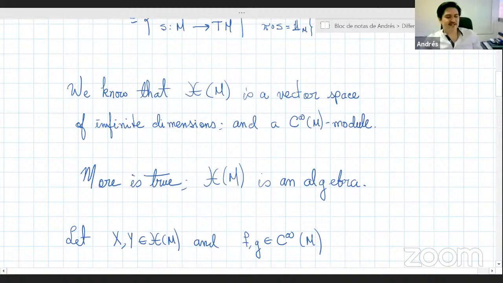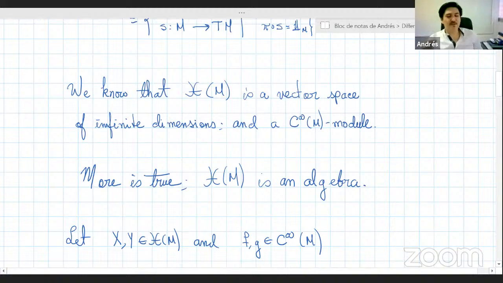Okay, so let's try and motivate a little bit this product. So consider two vector fields, X and Y, and also two smooth functions. Remember that a vector field is a derivation, right?